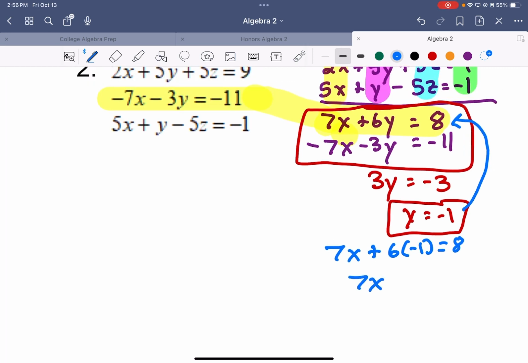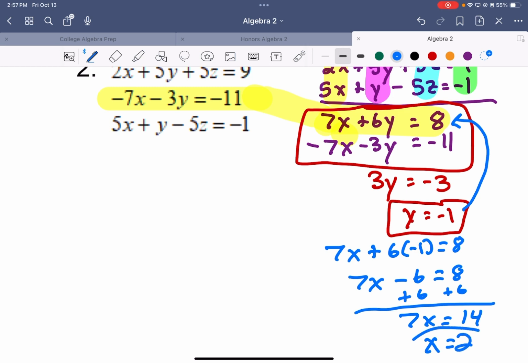Simplify. That's 7x minus 6 equals 8. Get rid of any addition or subtraction to my variable. So I have 6 being subtracted, so I'm going to add 6's to both sides. So that's 7x equals 14. 7 times what is 14? 2.